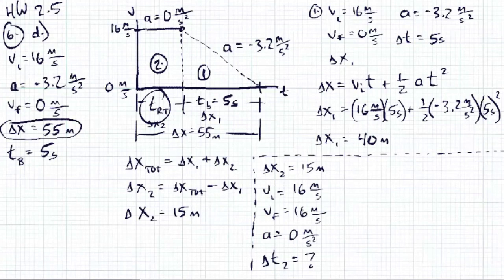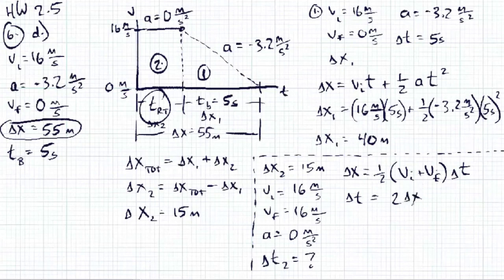If we look and see what we have, we can solve for our time 2 by using equation number 3 of motion. And that is displacement is equal to 1/2 times VI plus VF, I mean, it's an F, times our time. Well, if we solve for time, delta t is going to equal, let's bring our 2 in the denominator up to the numerator on the other side.